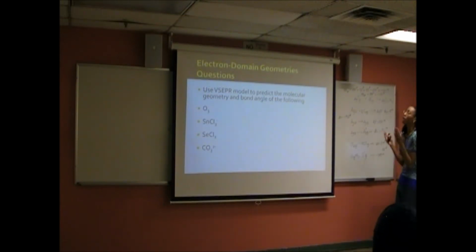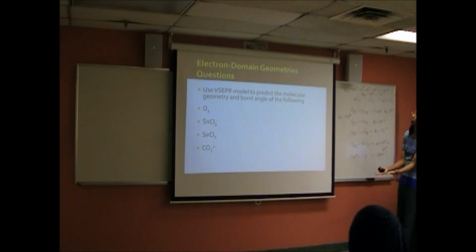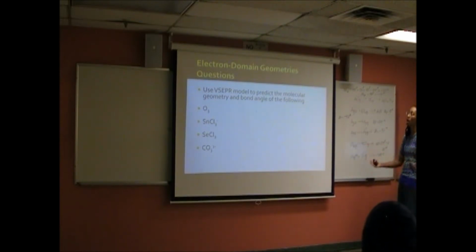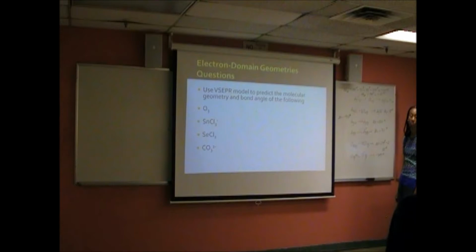Questions? Use VSEPR to predict the molecular geometry and the bond angle of the following. That's 18 electrons in all 3, right? I think so.